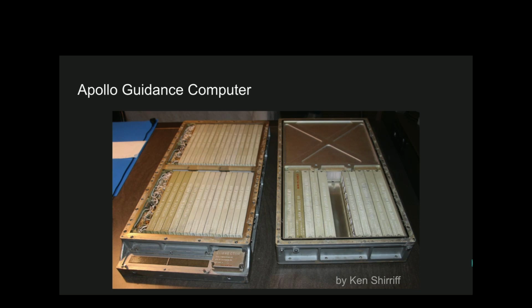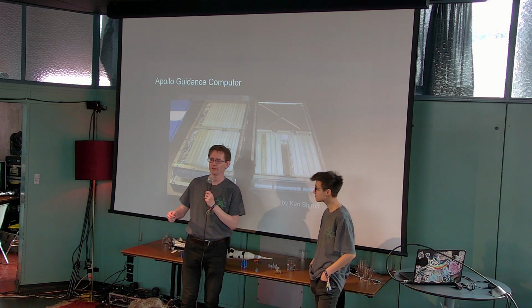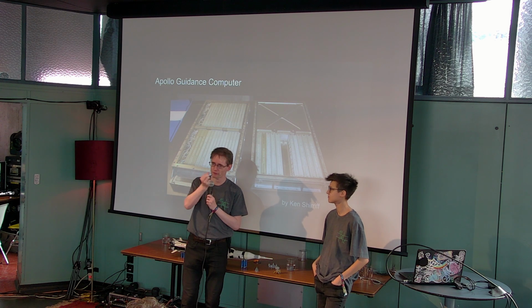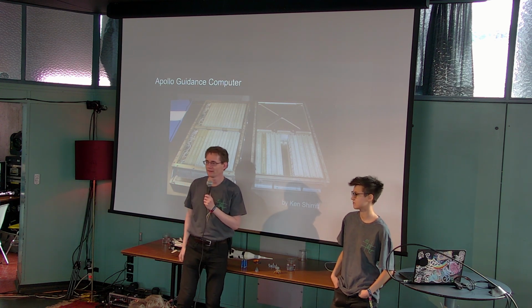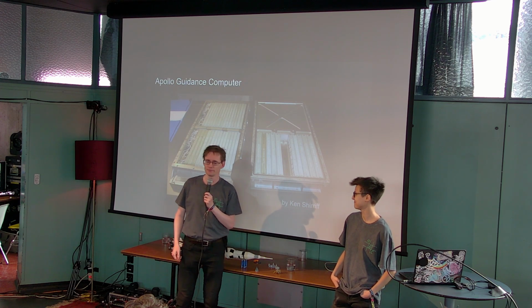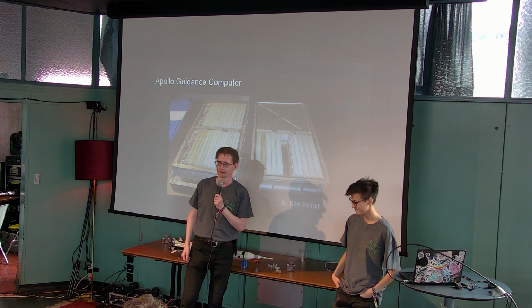It was a core rope memory, which is fun. You had women at Raytheon weaving. If the wire went through the ferrite core, it was a 1. If it went around, it was a 0. And you have to make sure that you've got the right code before you commit to weaving it.